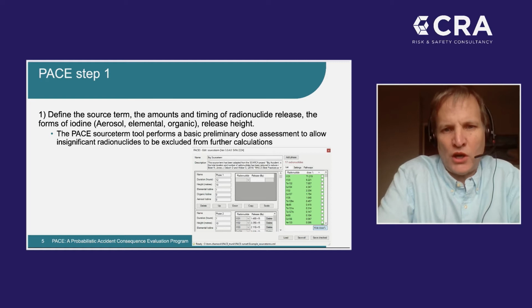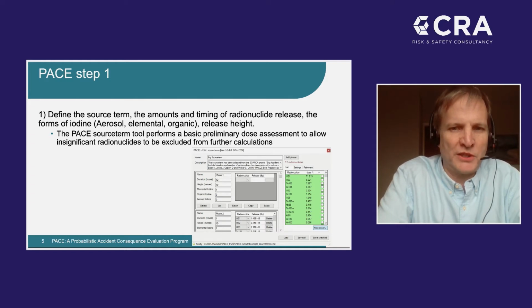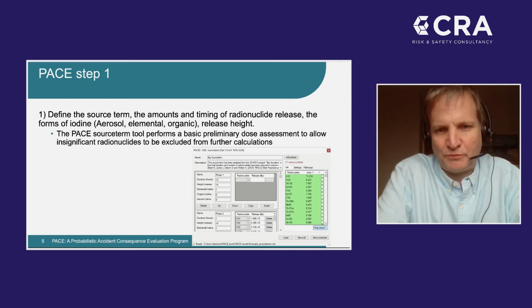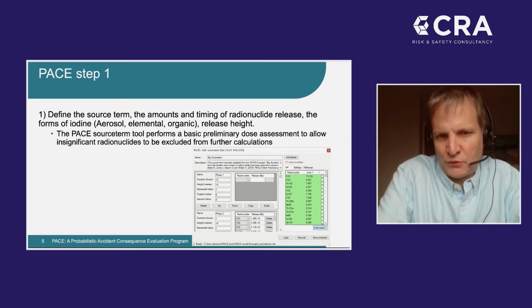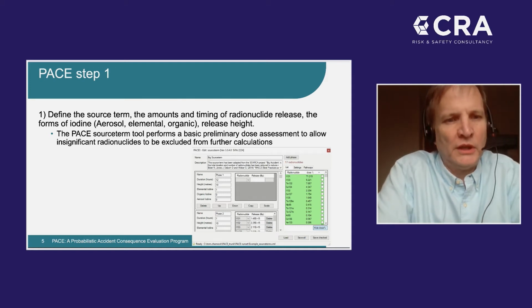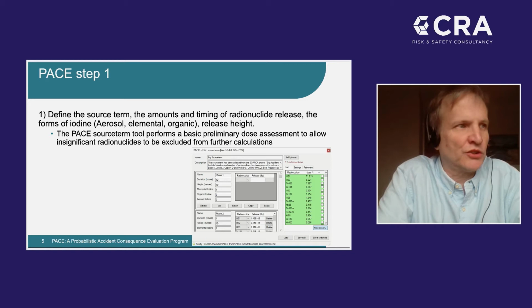But if you look at it overall, about 70% of the dose is predicted to come from the iodine, and when you get down to the, I don't know, 8th or 10th most significant radionuclide, they're contributing a small percentage of the overall dose. So maybe you can exclude those.